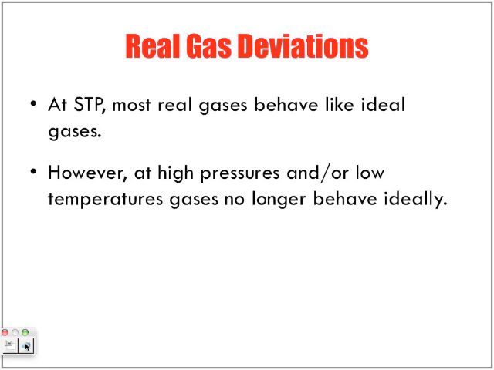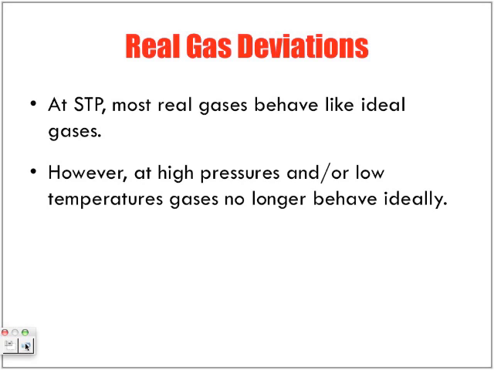So, real gas deviations. At STP, most real gases behave like ideal gases. I'll explain what the differences are. However, at high pressures and/or low temperatures, gases no longer behave ideally. Because realistically, if I lower the temperature of a gas, what is supposed to happen?